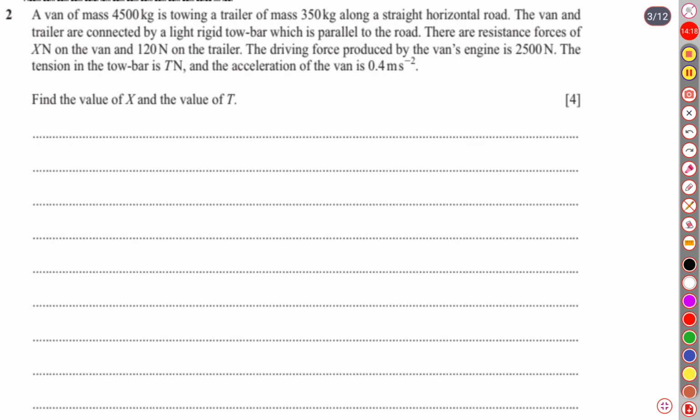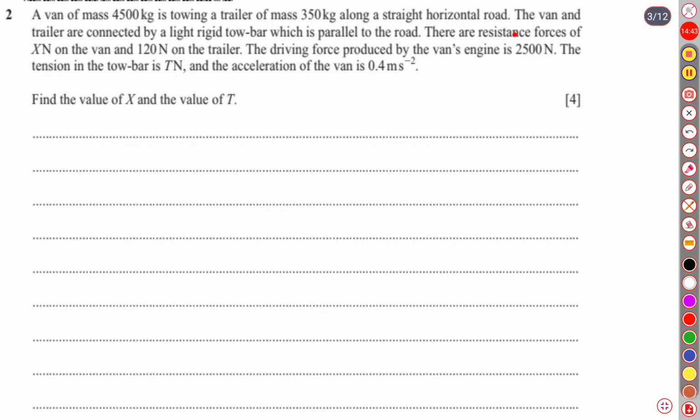There are resistance forces of X Newton on the van and 120 Newton on the trailer. The driving force produced by the van's engine is 2500 Newton. The tension in the tow bar is T Newton and the acceleration of the van is 0.4 meter per second square. Find the value of X and the value of T.